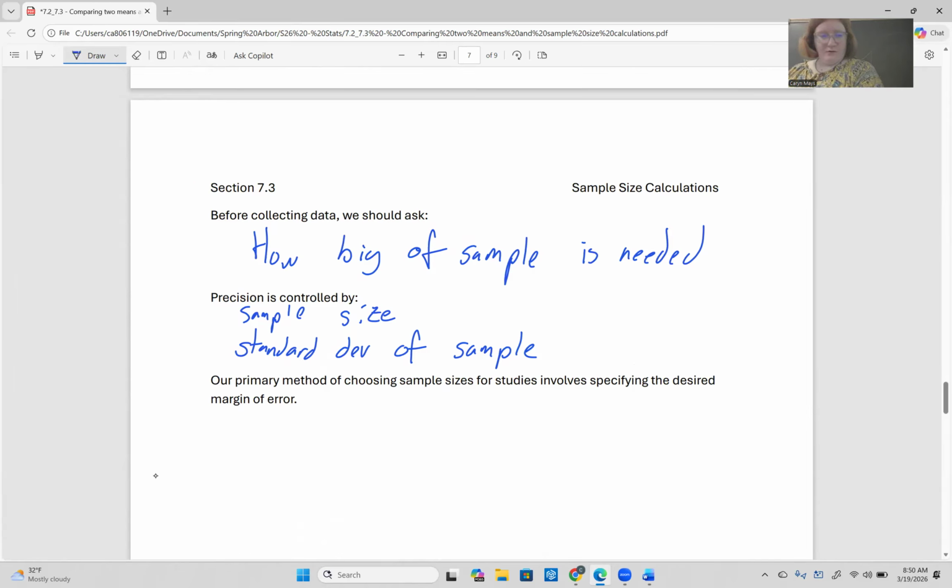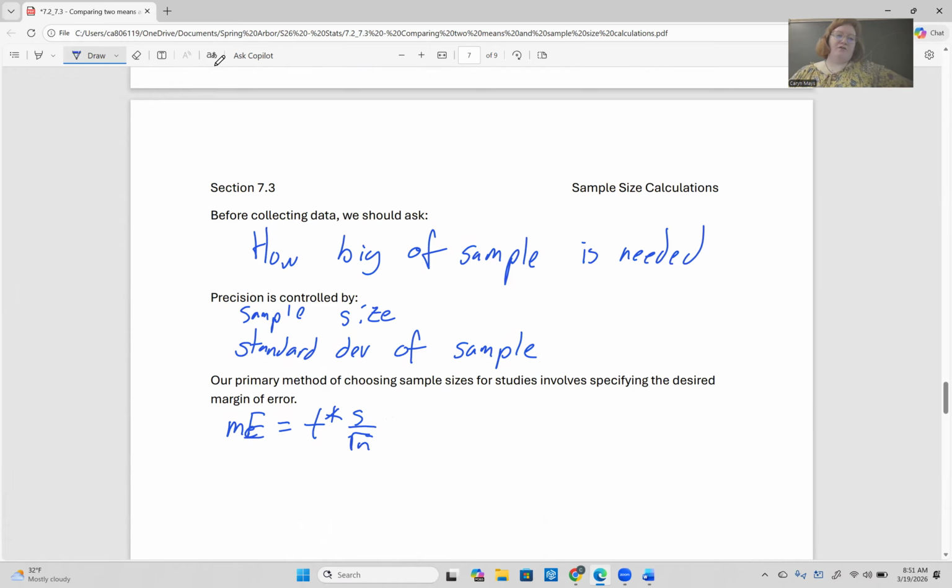In particular, this is the same idea from before, where our margin of error is T star S over square root N. And so we can control this margin of error by the sample size.